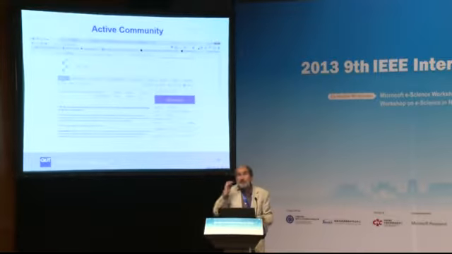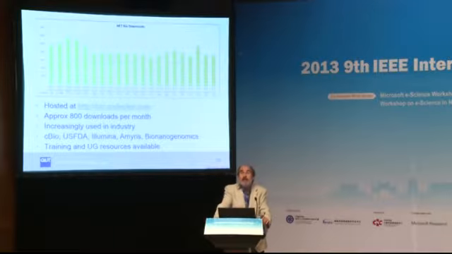The .NET Bio project has an increasingly active community built around bio.codeplex.com, as we can see with the site here. And fundamentally, it's maintaining around 800 downloads per month. So it's becoming an increasingly successful project.